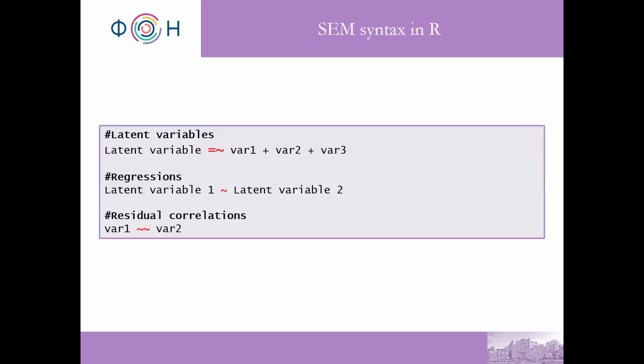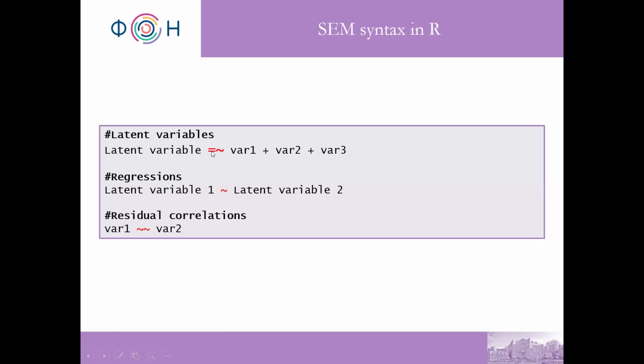The first thing when talking about SEM in R is the R syntax. When we are creating a latent variable, on the left side we have to give a name to our latent variable. Then, as a sign that it is a latent variable, we tell how our latent variable is created.